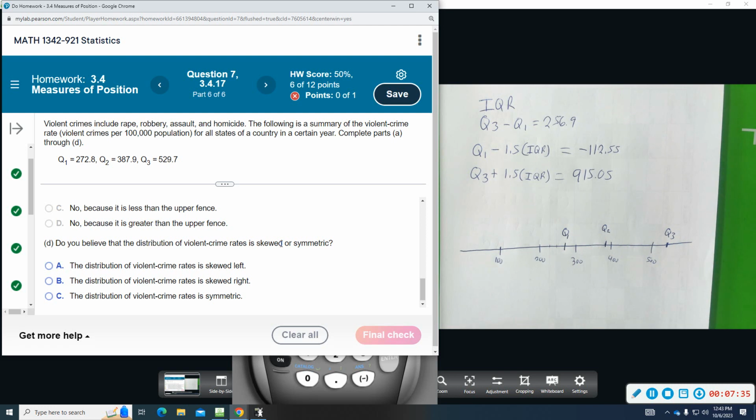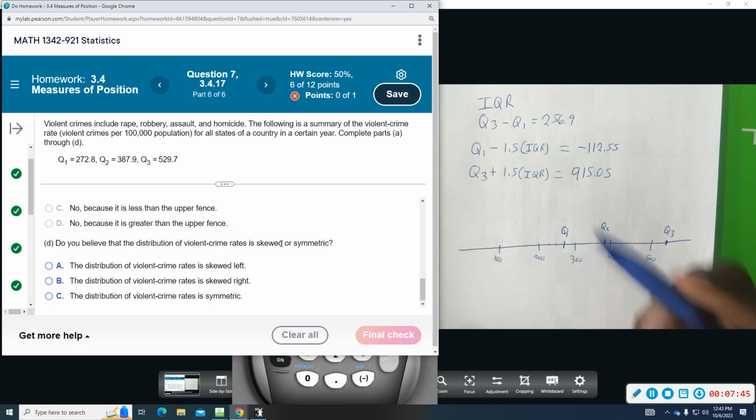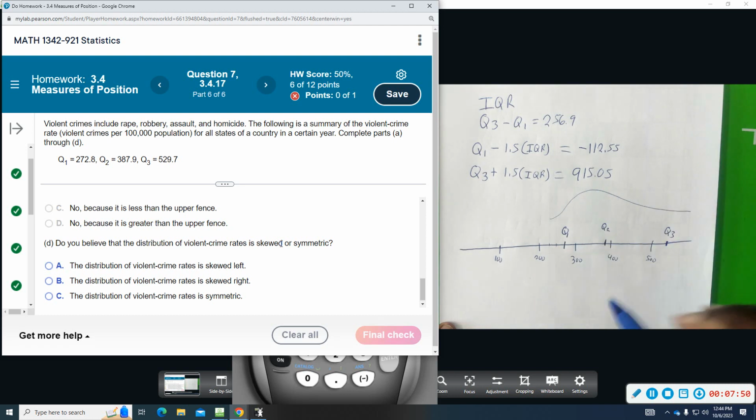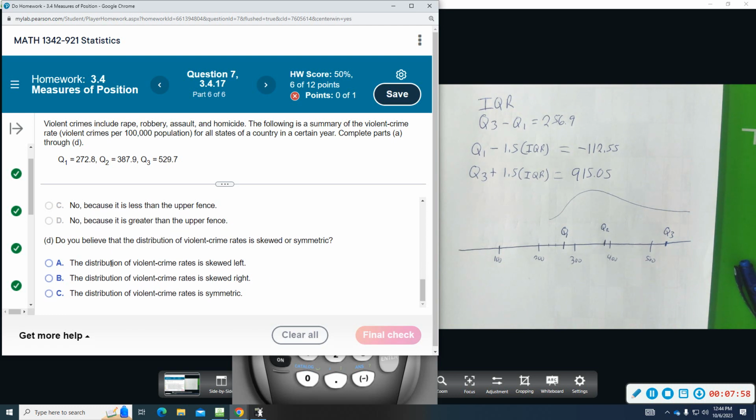You can also find that out by subtracting those numbers. There's going to be a greater difference between Q2 and Q3 than Q1 and Q2. So based on just that, we would think that this data would be skewed to the right because there's a bigger spread here. Based on that, we would estimate this to be skewed to the right because of the spread there.